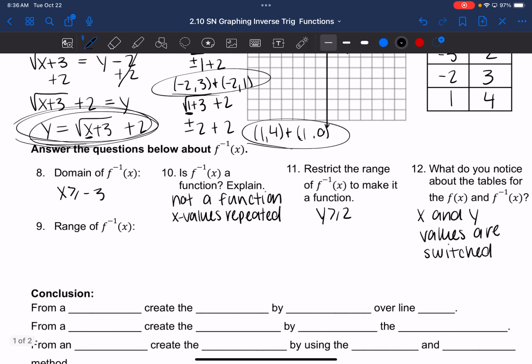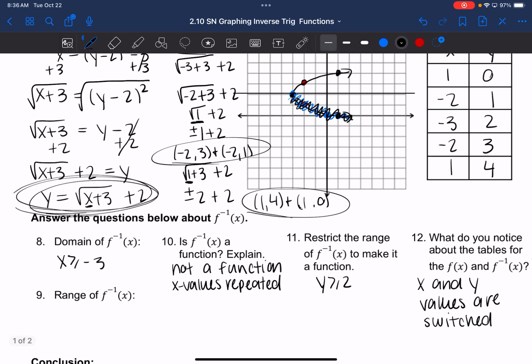Okay, so originally, before I restricted this bottom half here, my range would have been all real numbers, right? Because we would have had an arrow going upward and an arrow going downward. But like you guys said, if I want it to be a function, I have to get rid of the bottom half, which means I'm going to have to restrict my domain from my original function, which would be the range of this function.